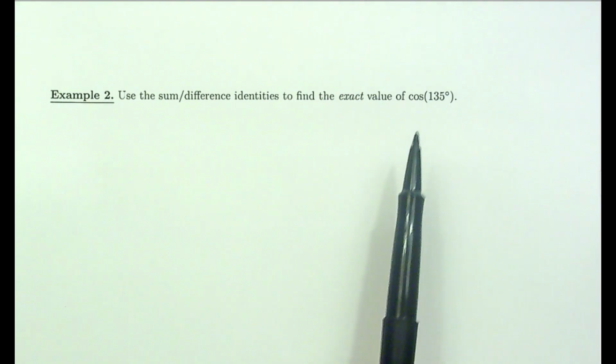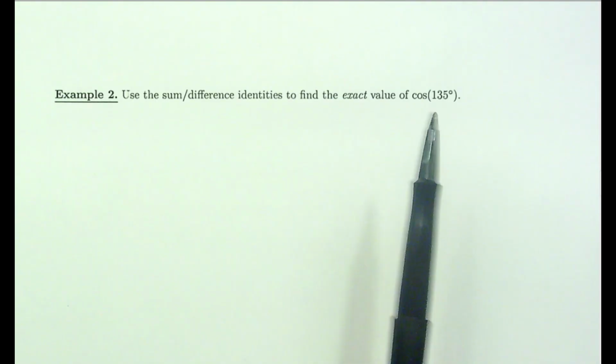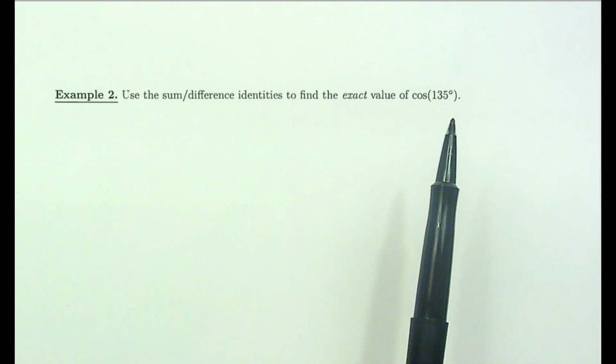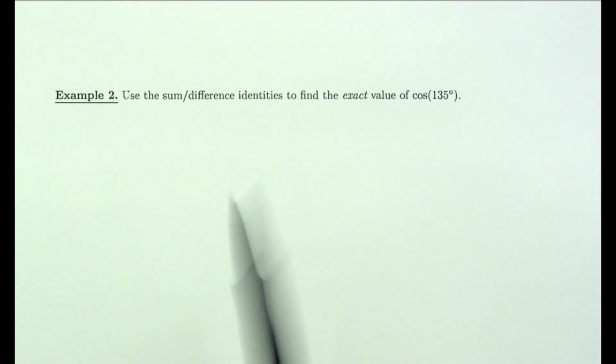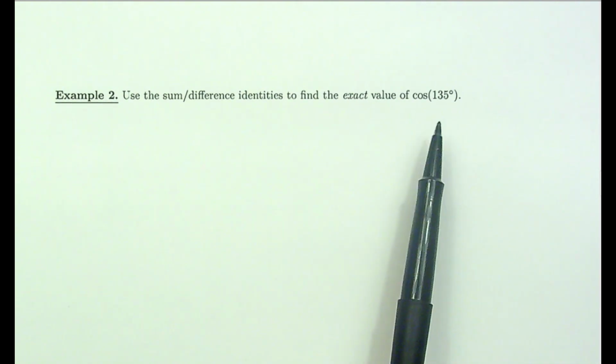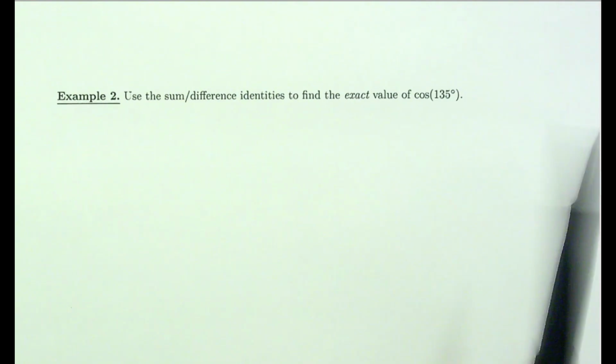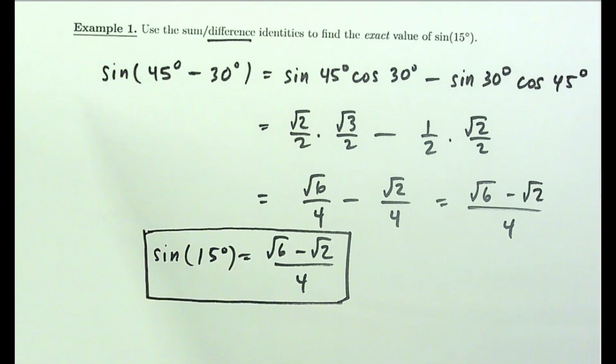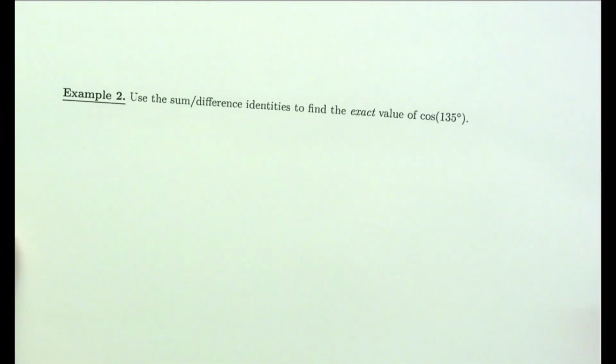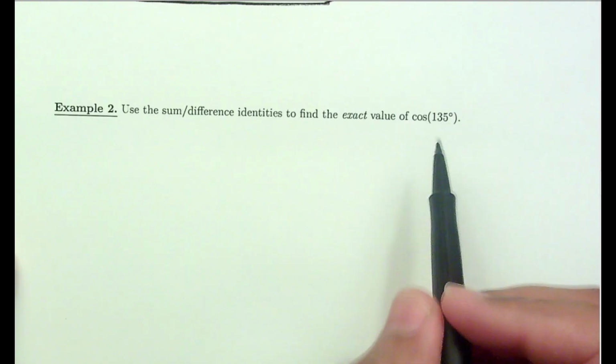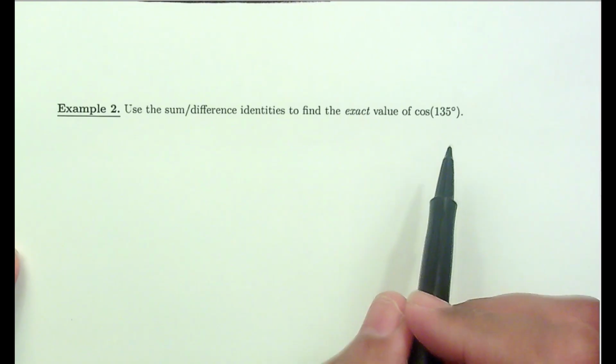In this one, you could use, for example, 180 minus 45, which gives you 135. That will work. I already used the difference, so I'm going to use the sum now just to change it up. 90 plus 45 also gives me 135, so I'm going to use that one.